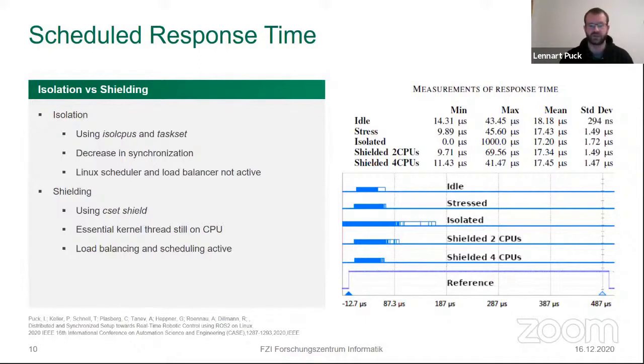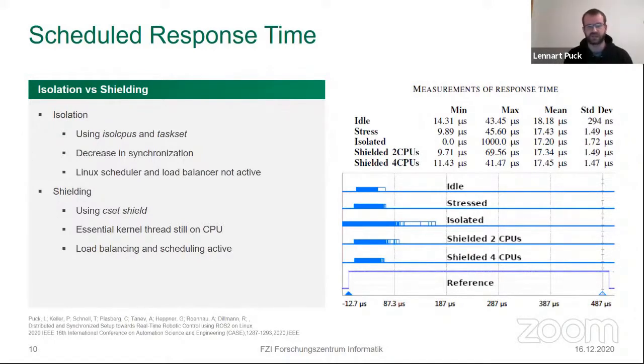So we employed cset shielding, and then the essential kernel threads are still running on the CPU, and we can employ load balancing of the cores. On the right, you can see with 2 cores, our results are slightly worse than expected.